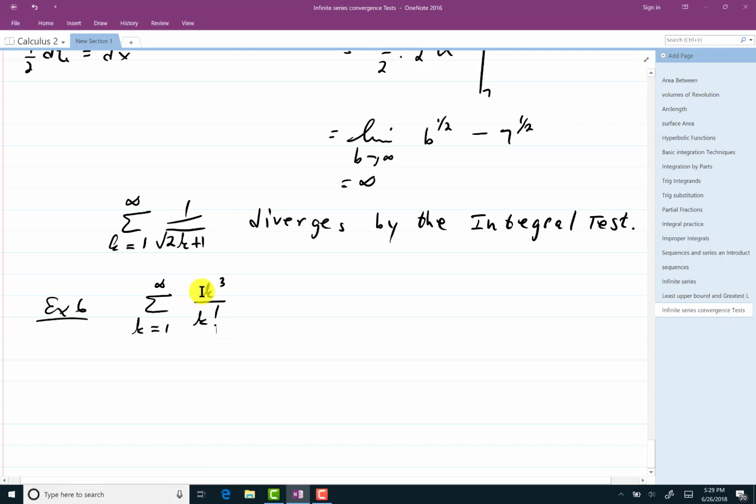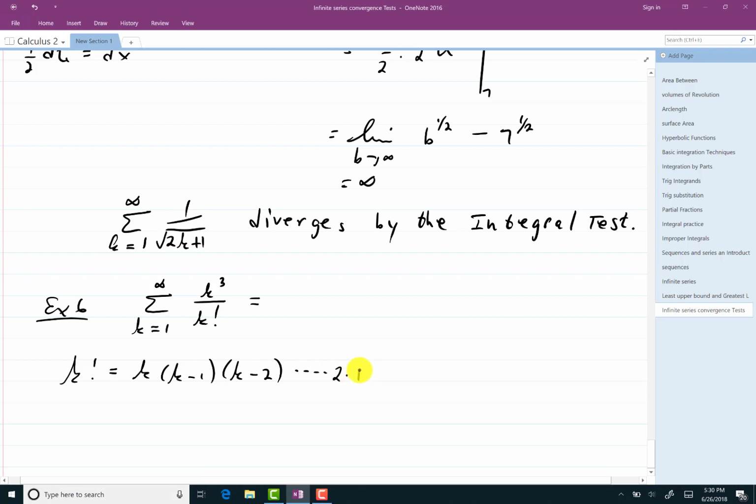Here we don't have a test involving k factorial, but I might try to see if it diverges or not. Let's take a look. K factorial equals k times k minus 1 times k minus 2 all the way down to 2, then 1.